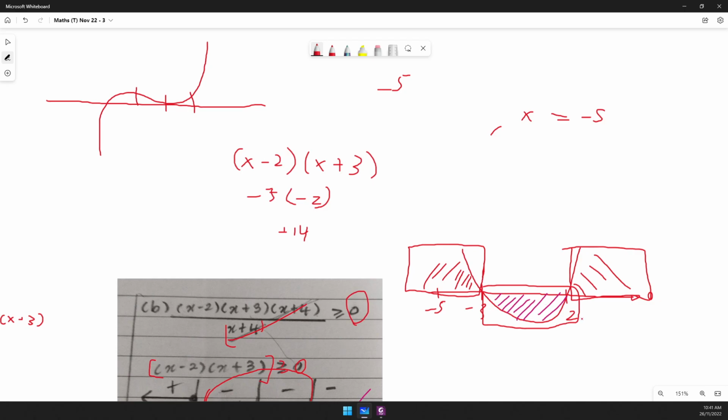If I take any value more than 2, if I take 3, so 3 minus 2, that's 1. 3 plus 3, that is 6. So I'll get 6, still positive. If I take any value between here, maybe I take 2.5. Okay, x minus 2.5, so 0.5.